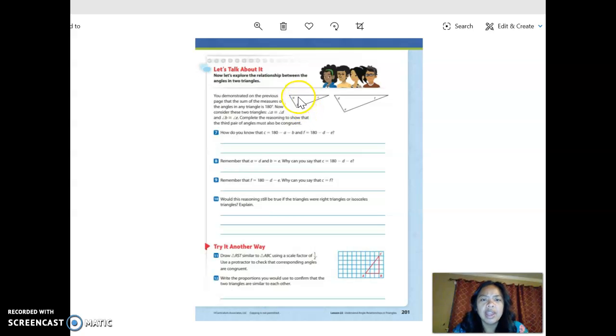Angle A and angle D are congruent. Okay, that symbol shows us congruency. And angle B and angle E are also congruent. It says complete the reasoning. So it goes on to kind of reason with you to help you understand your answer to what they're asking. Okay, so don't worry about 11 and 12.